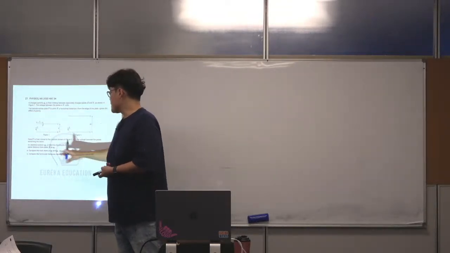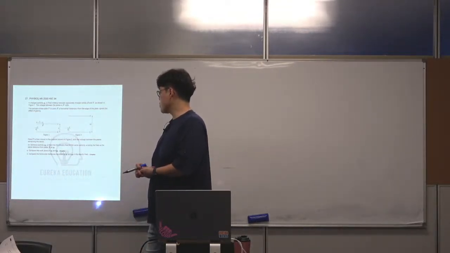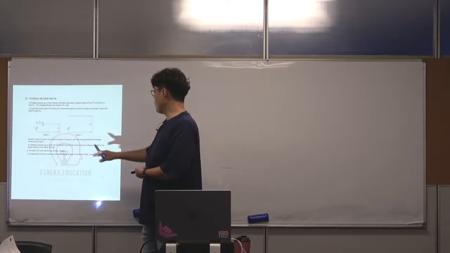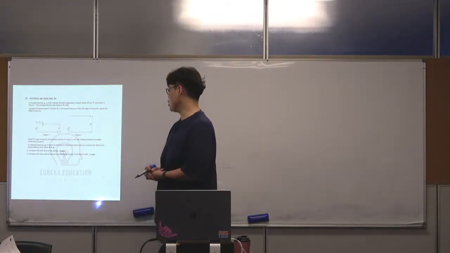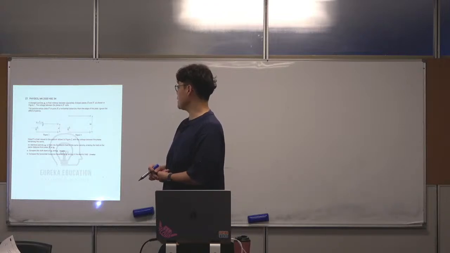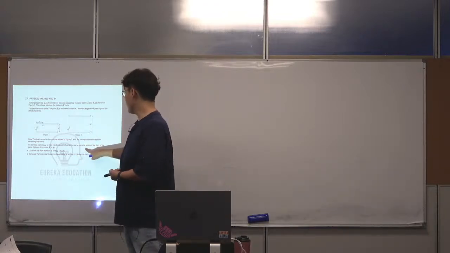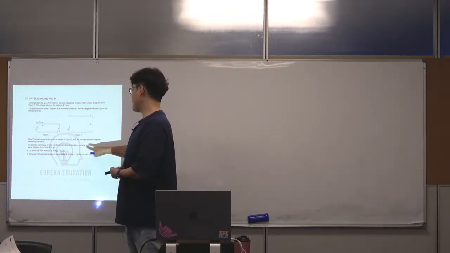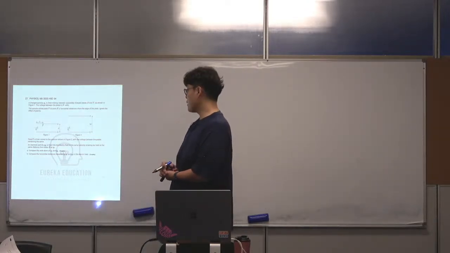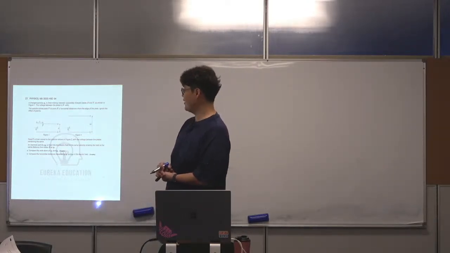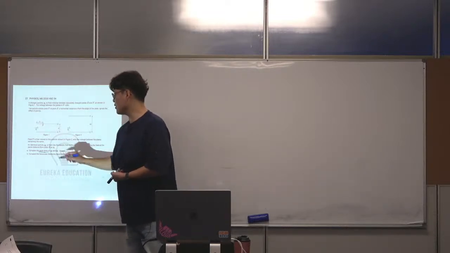Plate Y is then moved to the position shown in figure 2, while the voltage between the plates remains the same. On identical plates, particle Q2 is fired into the electric field with the same velocity, entering the field at the same distance from plate X as Q1. Compare the work done on Q1 and Q2.